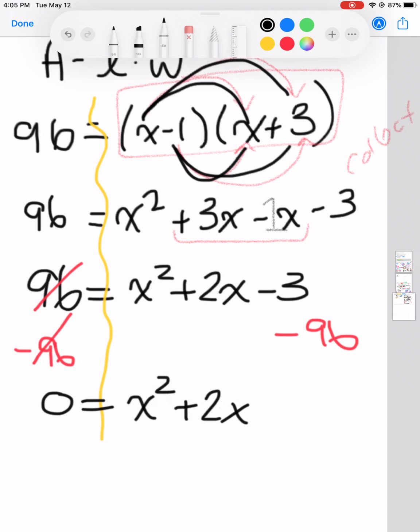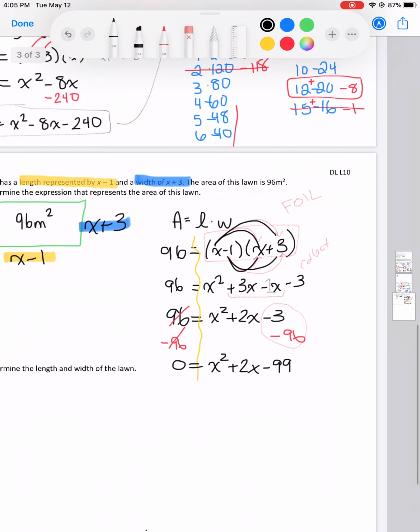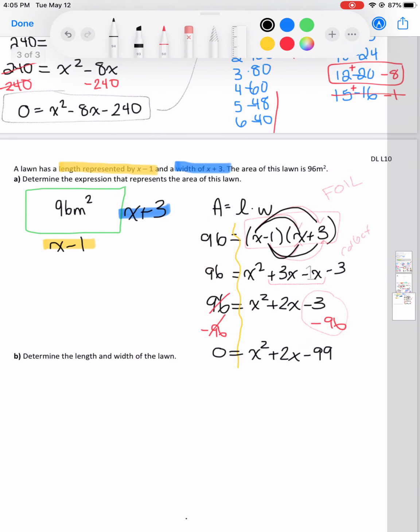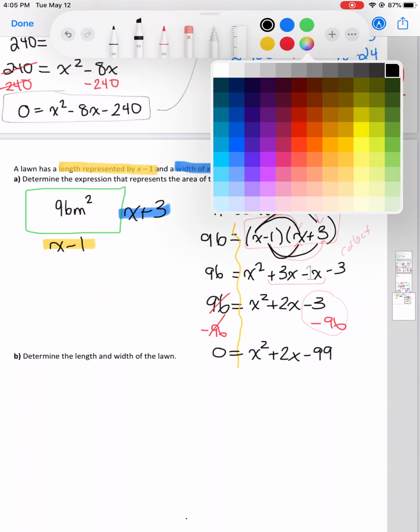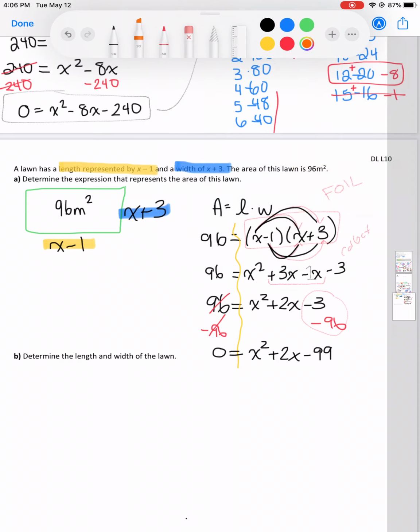Now I have to collect like terms again between these two guys. Negative 3 minus 96, put it into your calculator, is negative 99. And that is the expression for the lawn. Determine the expression. That's this right here.